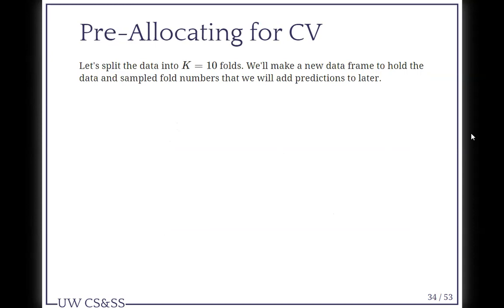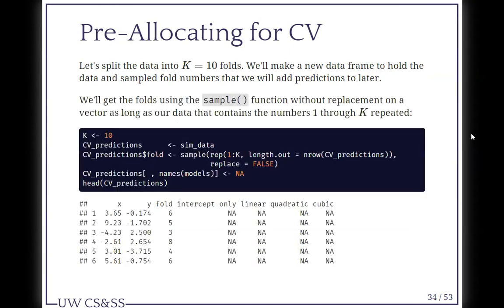So let's pre-allocate for our cross-validation technique for these 4 models. Let's split the data into k equals 10 folds. We'll make a new data frame to hold the data and sampled fold numbers that we will add predictions to later. We'll get the folds using our sample function without replacement on a vector as long as our data that contains the numbers 1 through k repeated. Our CV predictions, or cross-validation predictions, are going to be our sim data.